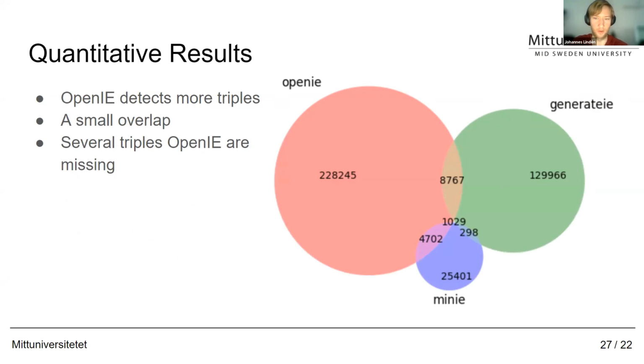If we look at the overlap between the algorithms, I know the sizes of these overlaps are not in scale, but at least there is not that much overlap between them, as there are triples found in each circle. And thus, even if we're just using one, we are also missing a lot of triples according to this.